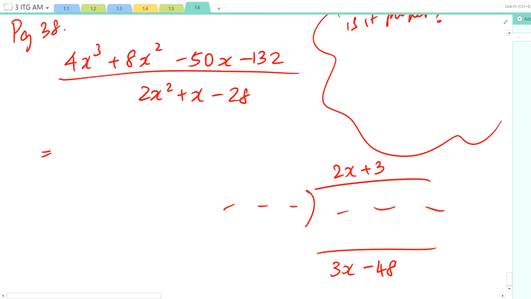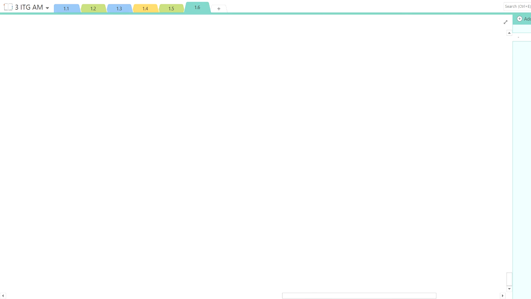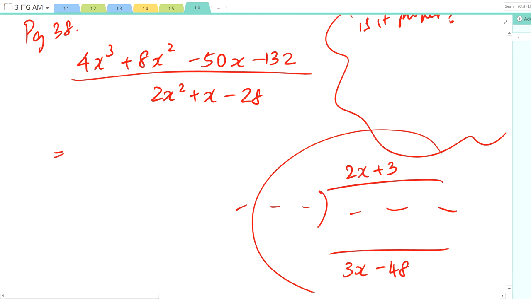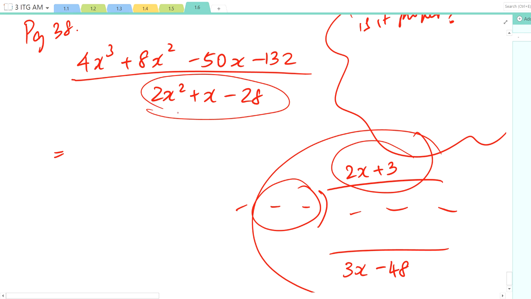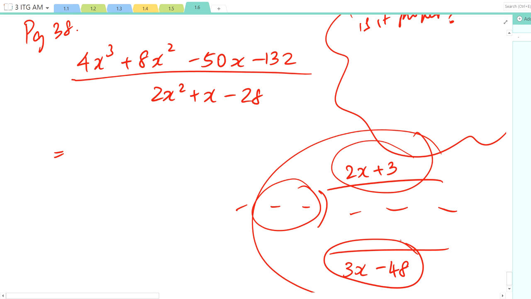Okay, now that we have our long division, we need to be able to rewrite the original fraction. Given the quotient, given your divisor, which is this quadratic over here, and given our remainder, let us put them down. Let us rewrite this fraction.